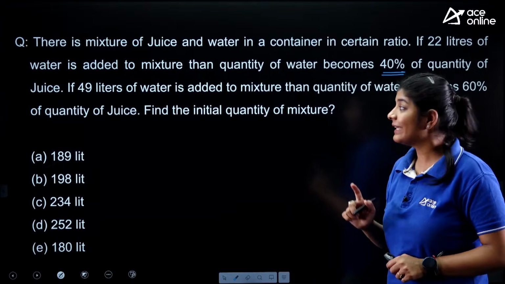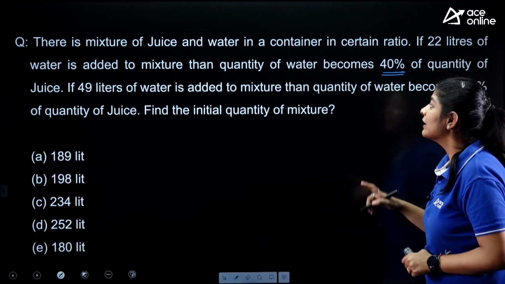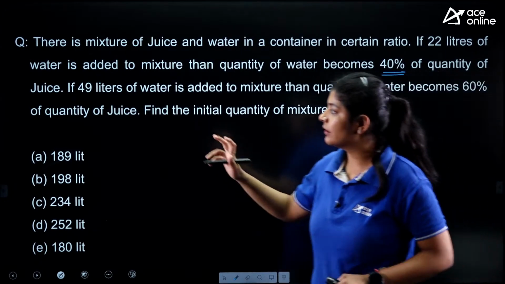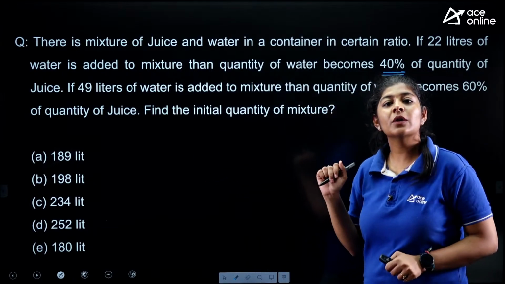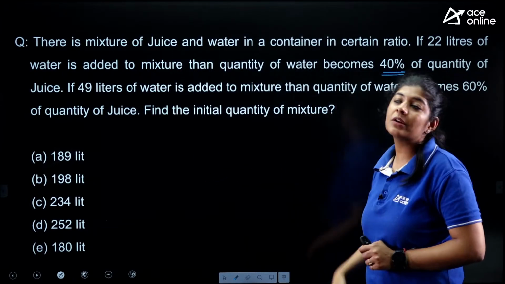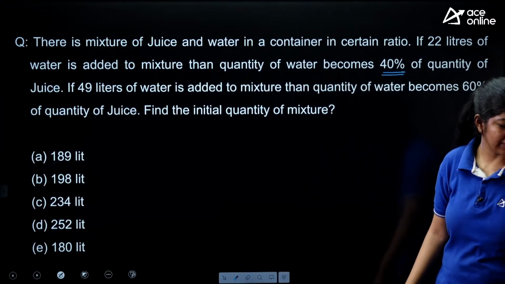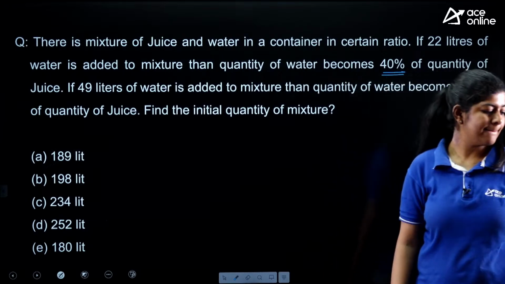If 49 liters of water is added to the mixture, then the quantity of water becomes 60% of the quantity of juice. We need to find out the initial quantity of the mixture.